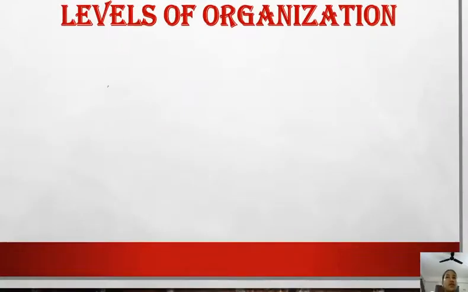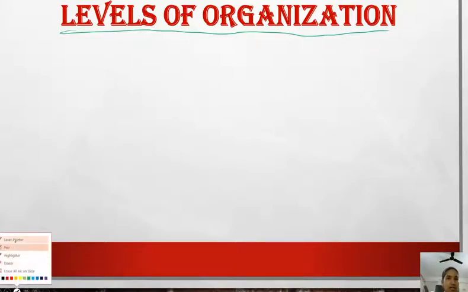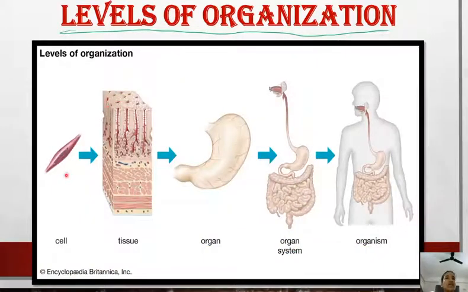So the next thing is levels of organization. Now what are these levels of organization? We'll see what these levels are. Well, so these are the levels of organization. A cell, and then a tissue, an organ, an organ system, and an organism. So what is this basically?